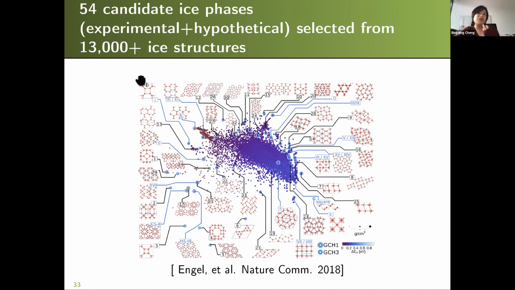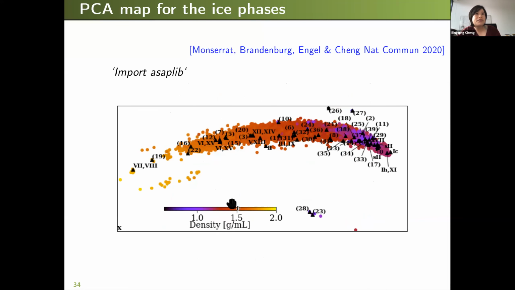They start from a very large set of hypothetical ice structures, and they did some analysis to screen which are the promising ice candidates. But of course, you don't have to use sketch map. In fact, you can just use a PCA or KPCA without much noticeable loss of information.